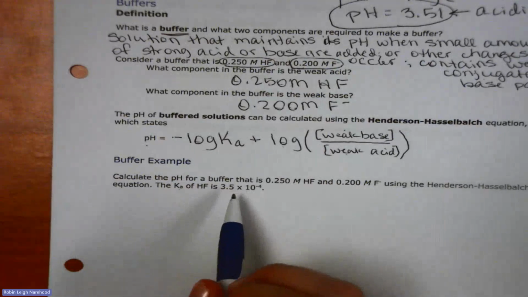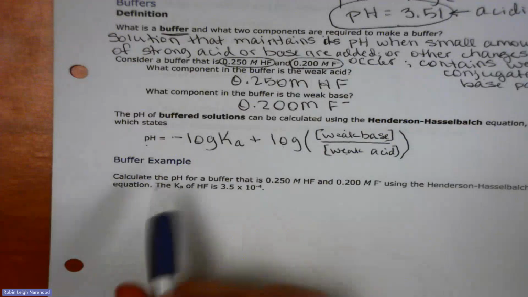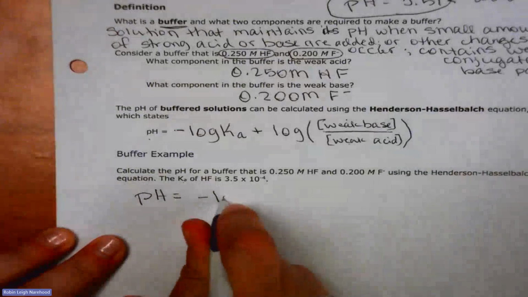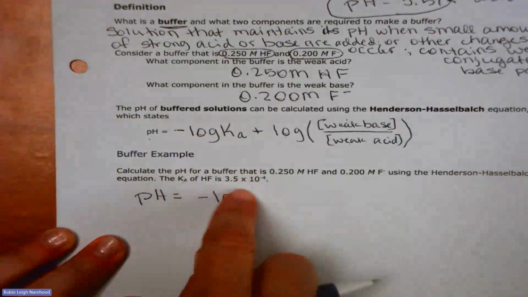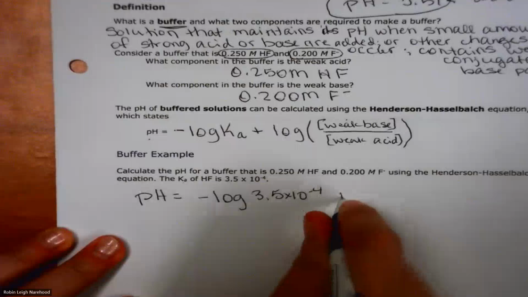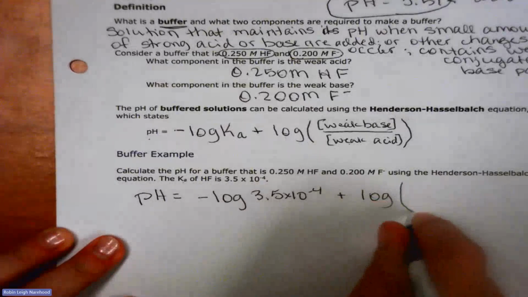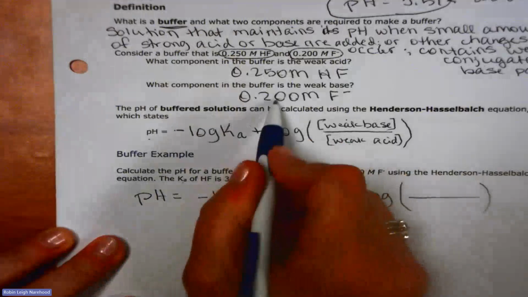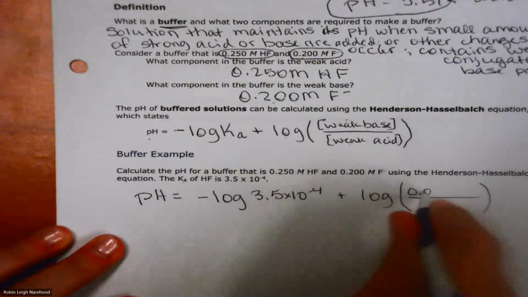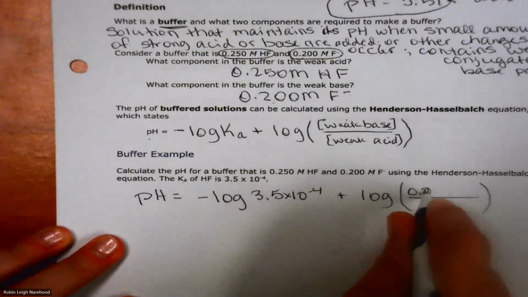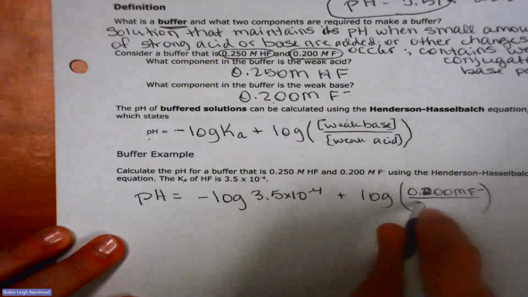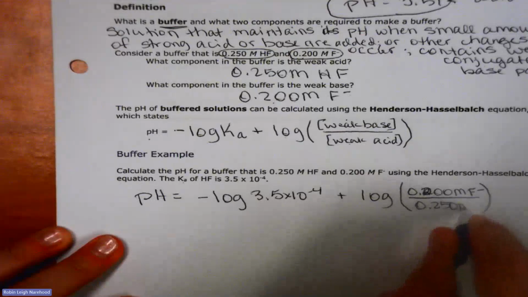I put in the Ka of HF, from the book: 3.5 times 10 to the negative 4. So pH equals the negative log of the Ka, plus the log of the base, 0.200 molar fluoride, over the acid, 0.250 molar HF.